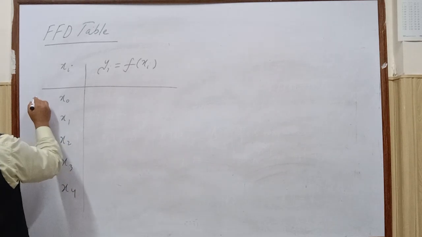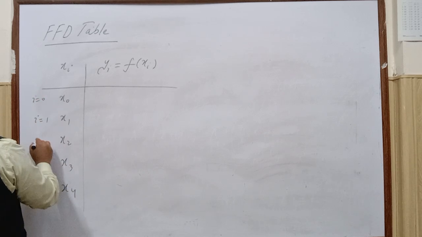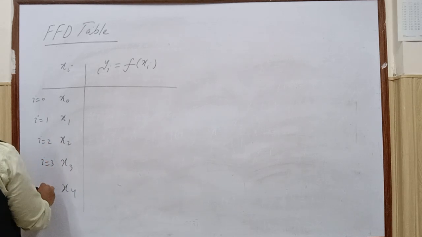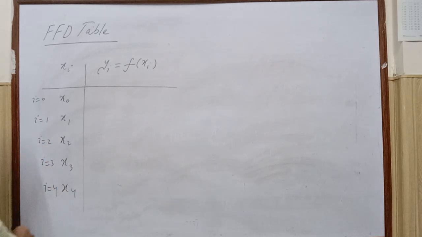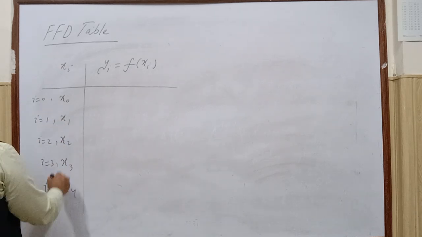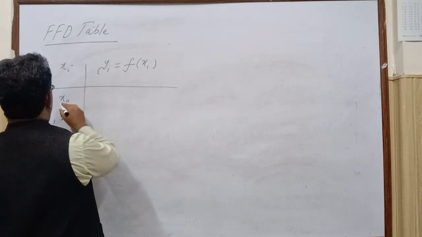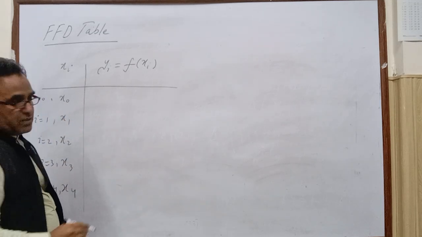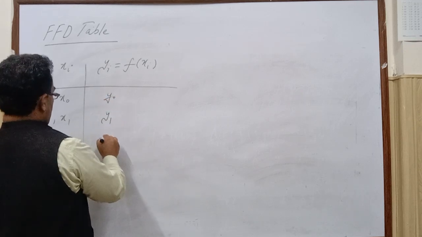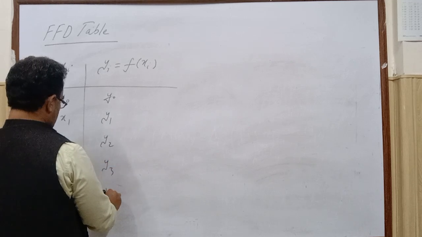Here i is 0, means index is 0, i is 1, i is 2, i is 3, and i is 4. These are the index values for the values of x, and over here the values of y corresponding to these values of x are y0, y1, y2, y3, and y4.